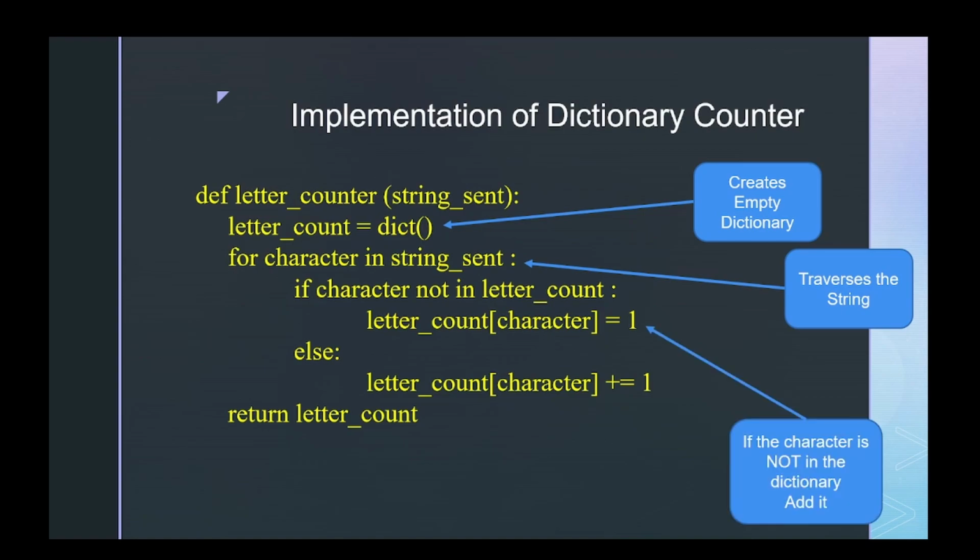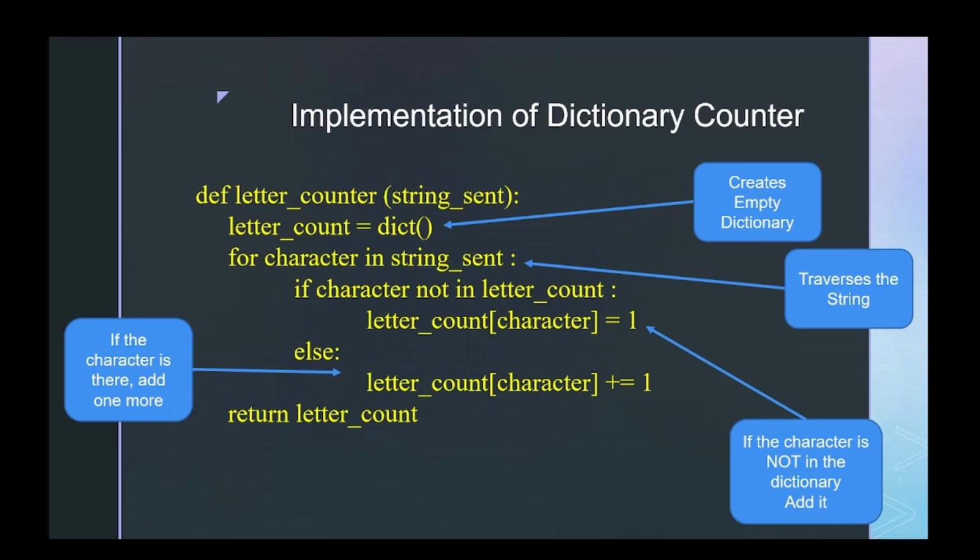If the character is not already in the dictionary, it is going to add it to the dictionary and give it a value of 1. So here we do that by saying letter count with character in square brackets, and we set it to a value of 1. If the character is already in the dictionary, so that would be the else part, add another count to it.